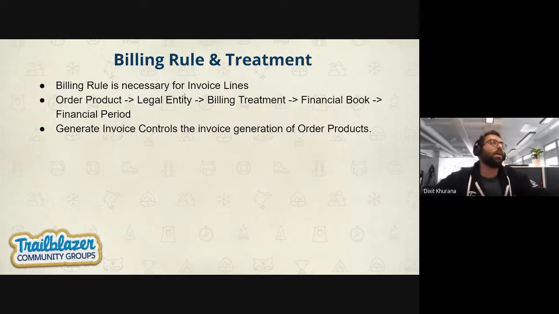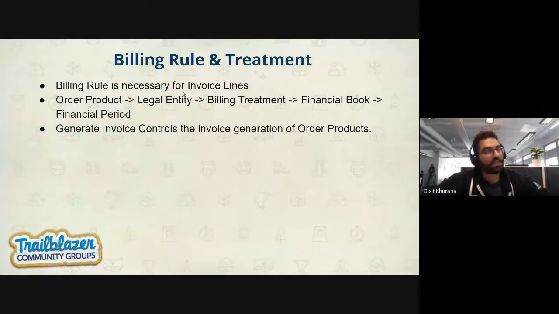Now, if you see my second line, which says order product, legal entity, billing treatment, finance books, and financial period, this is the internal working of the billing package. Once you have an order product in the system, the billing package looks into the legal entity field of the order product.